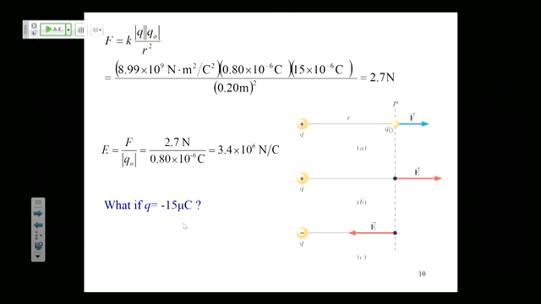The only thing that will change is the direction, right? So now the field, as you can see in figure C, still has the same numerical value, 3.4 by 10 to the 6, but now it is going into the charge. This is an important piece of information.